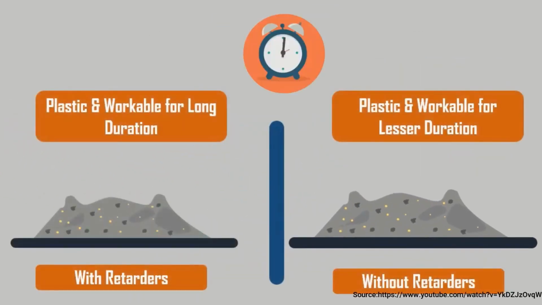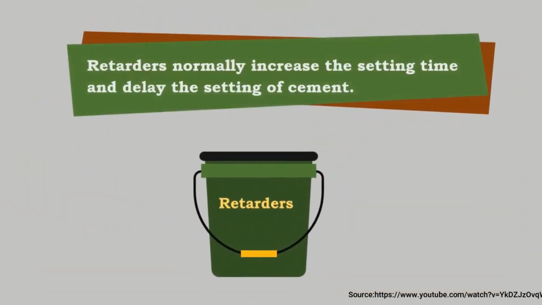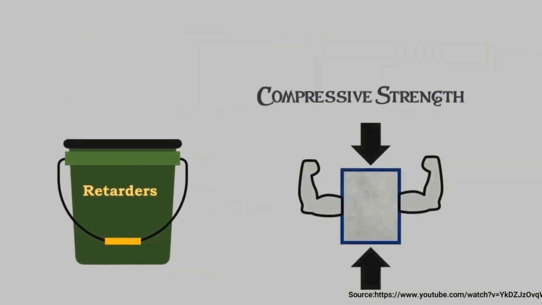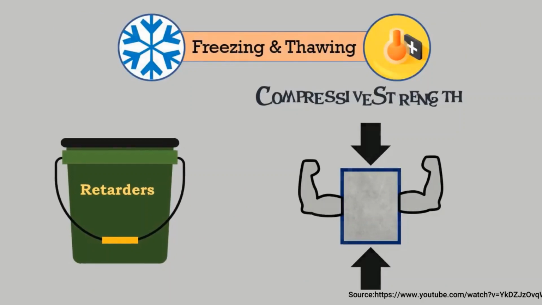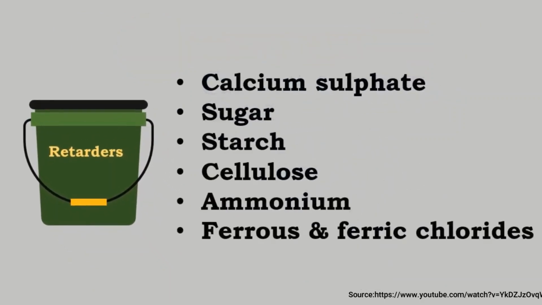Retarders are admixtures which slow down the chemical process of hydration so that concrete is plastic and workable for a long duration. In simple words, retarders normally increase the setting time and delay the setting of cement. Retarders also increase compressive strength and affect freezing and thawing properties.